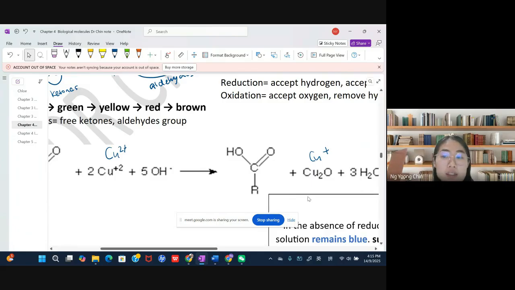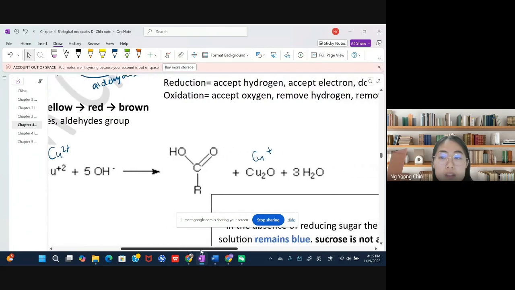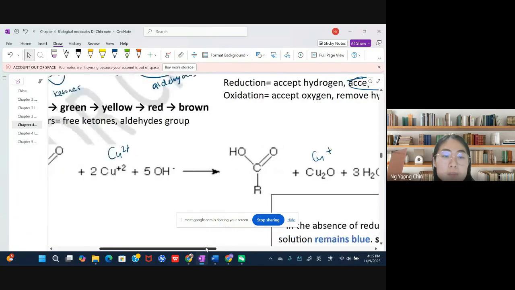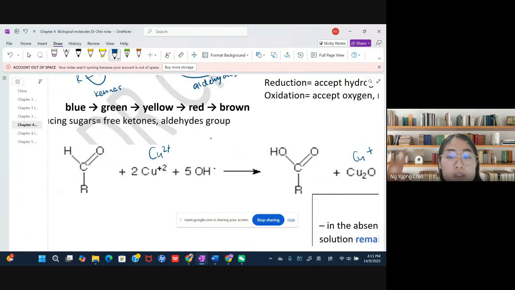Because they can allow this copper 2 plus to accept the electron. Copper 2 plus accepts the electron and becomes copper plus. So where can they get the electron? From here.